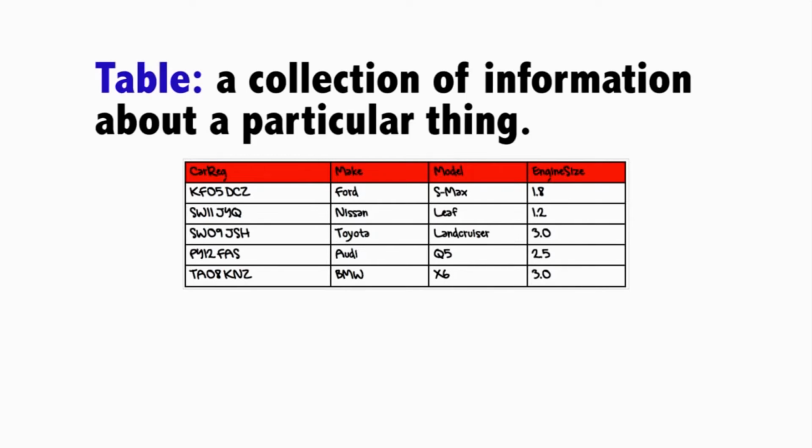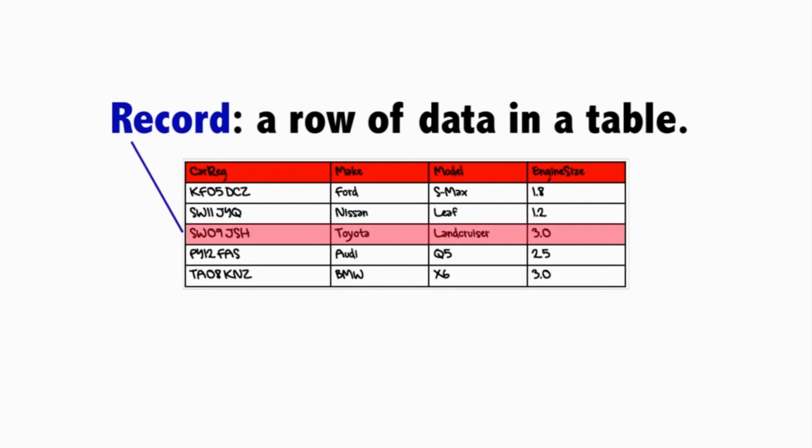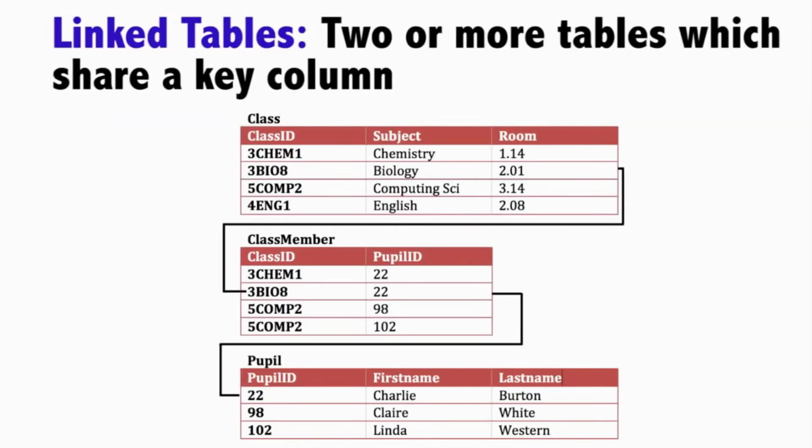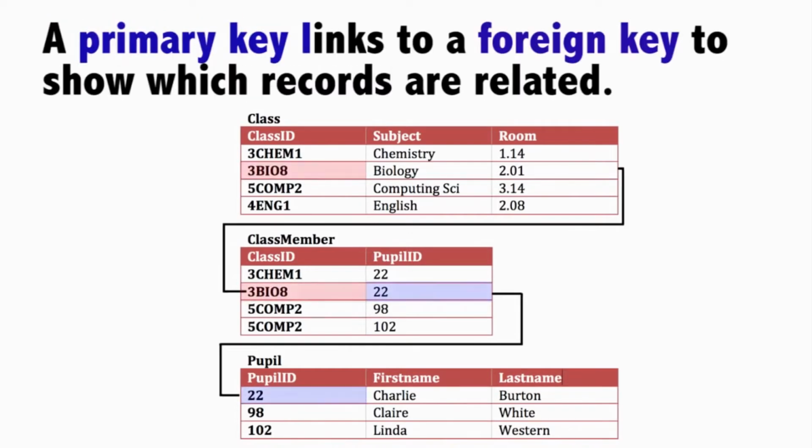So, some things to remember. A table in a relational database is a collection of information. Each record is about one thing in the collection. Linked tables are 2 or more tables in a database that share a key field. The value of the key field is used to link the 2 tables together to provide more information.